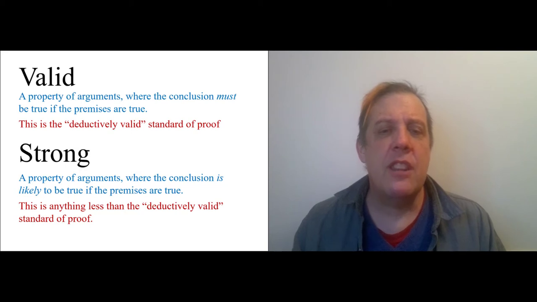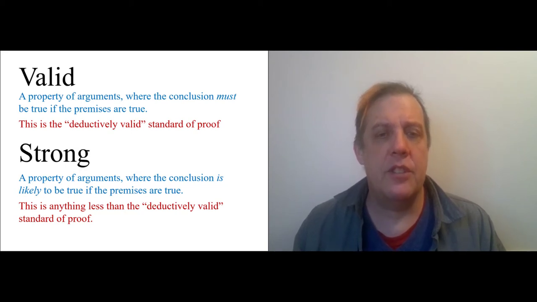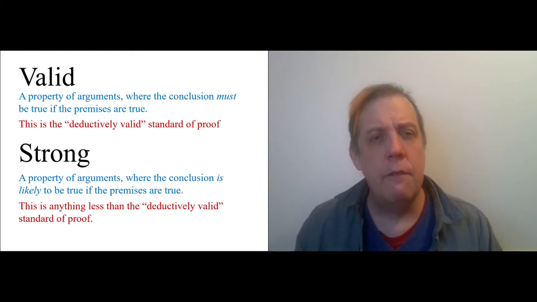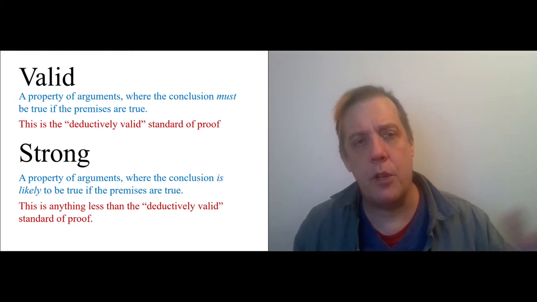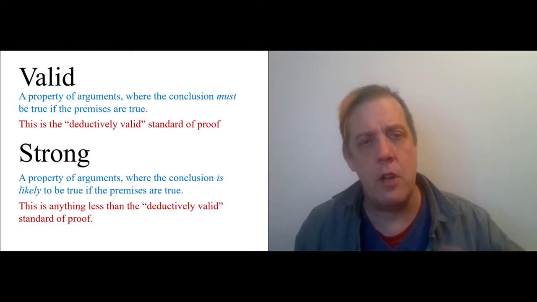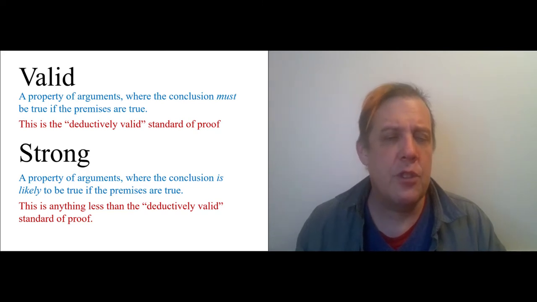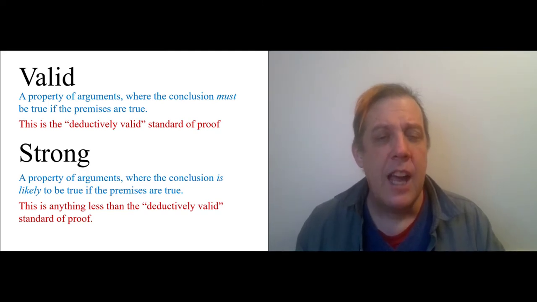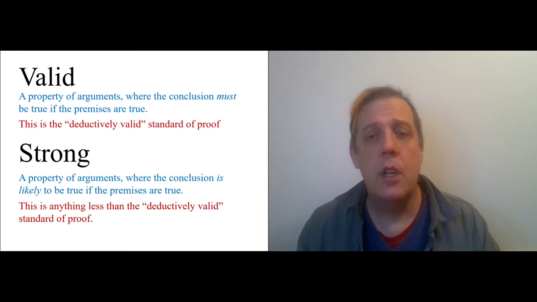One interesting thing about strong arguments is that they come in degrees. How strong is strong? Validity is a black and white property. Arguments are either valid or they're not. Strength comes in degrees. How strong does an argument need to be before it's strong enough?